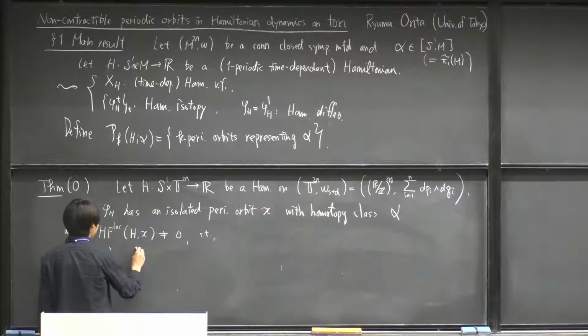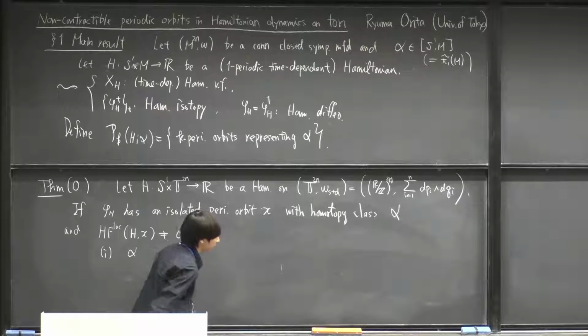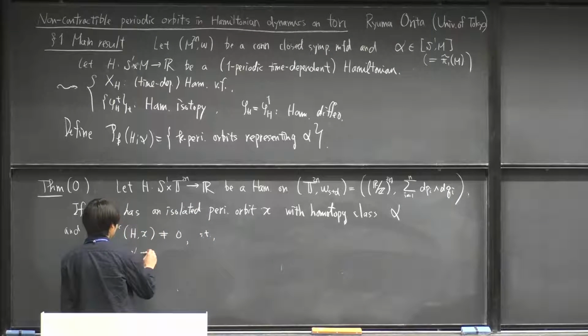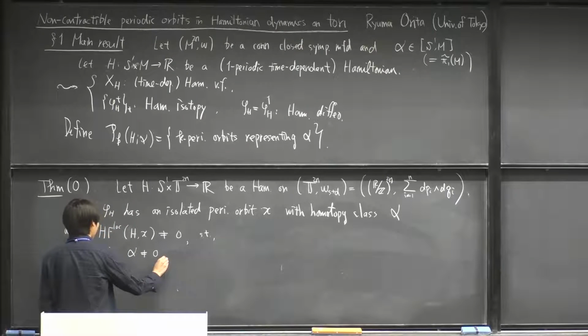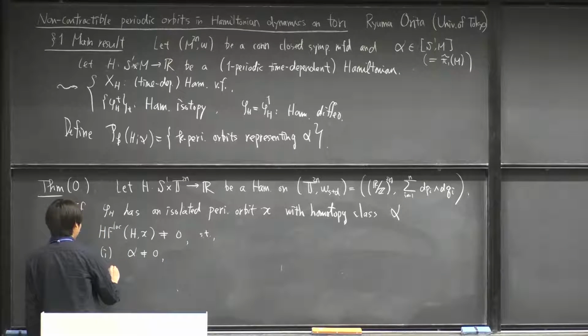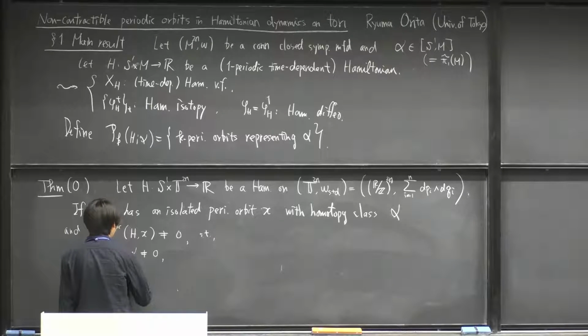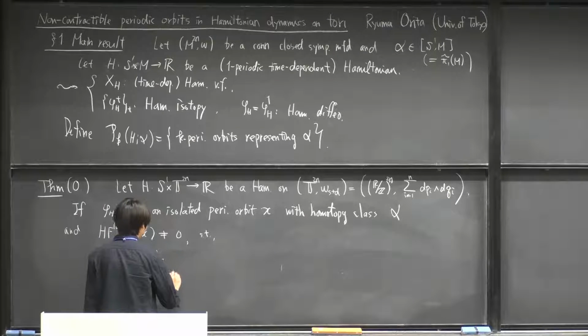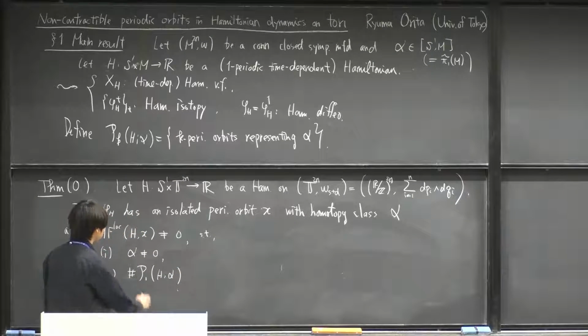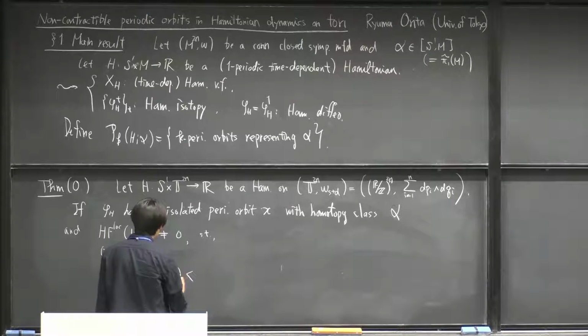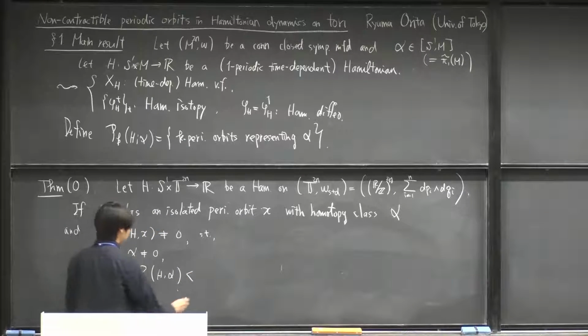One is the homotopy class of x is non-trivial. And second is the number of one-periodic orbits of H representing this alpha is finite.